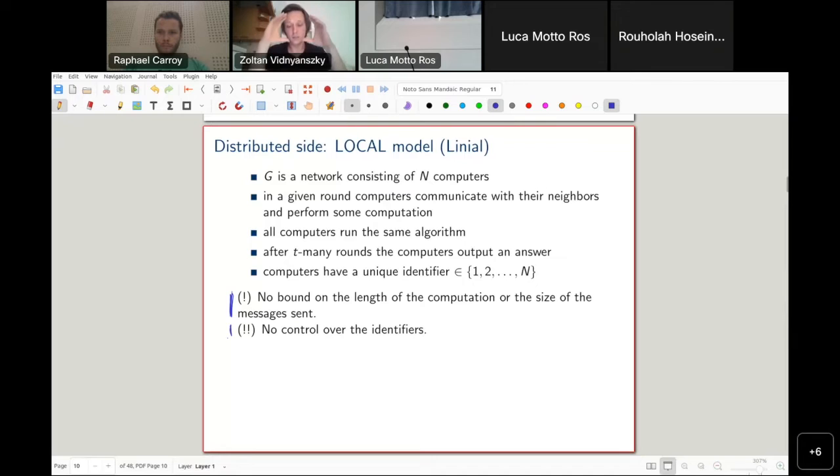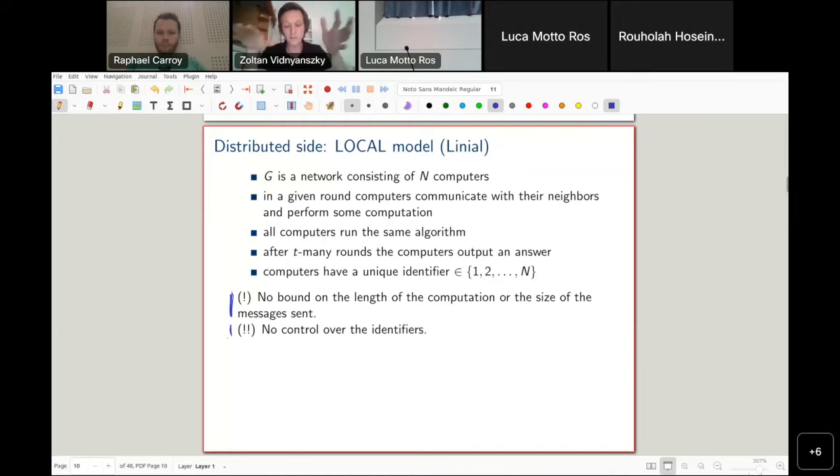So we want to optimize for algorithms which don't see the whole network, which just explore some small local neighborhood, explore the identifiers, and then output the correct solution to, say, a coloring problem based on that.